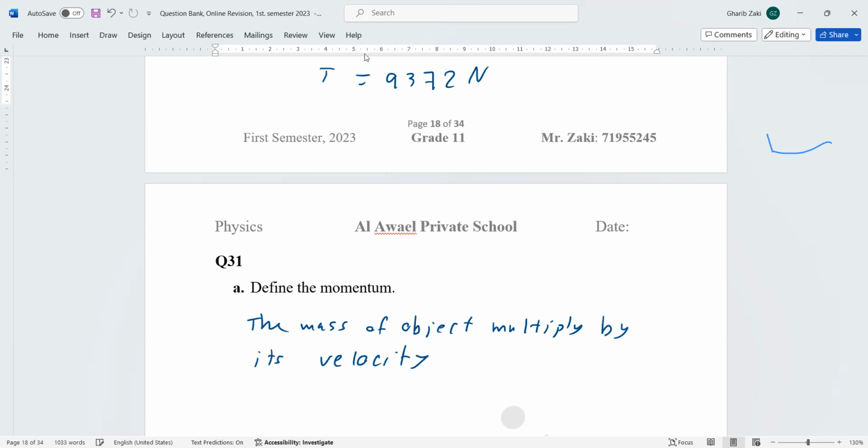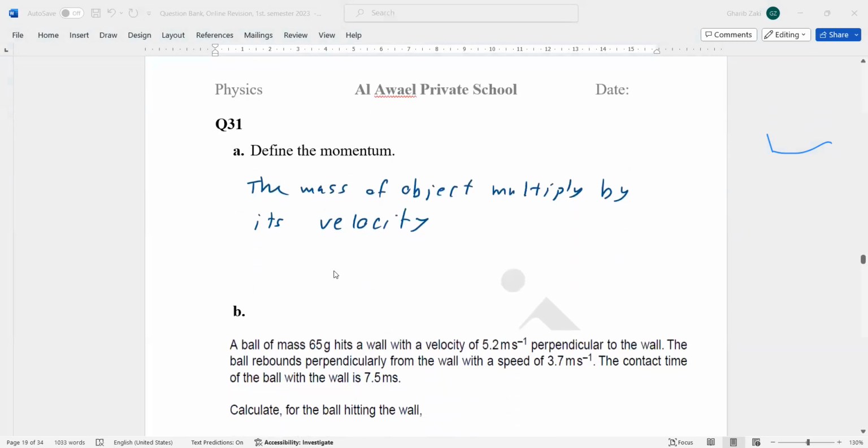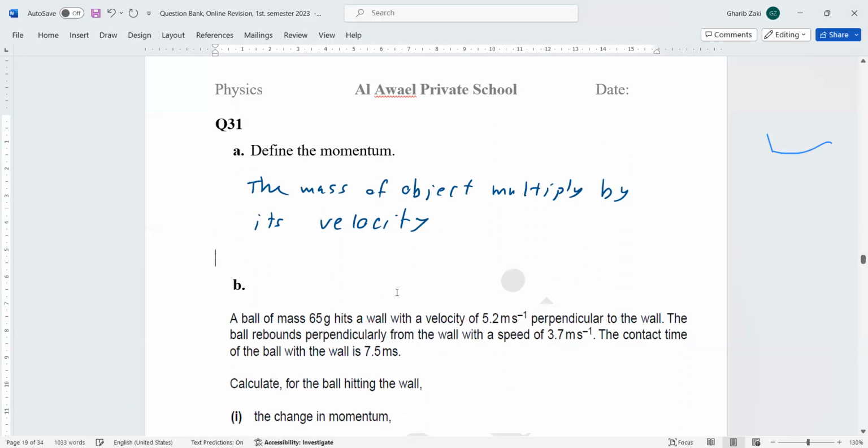If you write mv, it will be wrong, by the way. I don't accept this, okay? And define the momentum in more detail. This is enough. When I write something here, it means this is enough in the final.